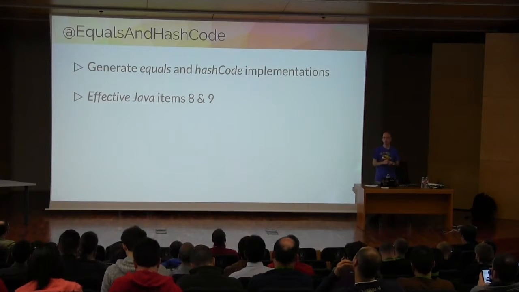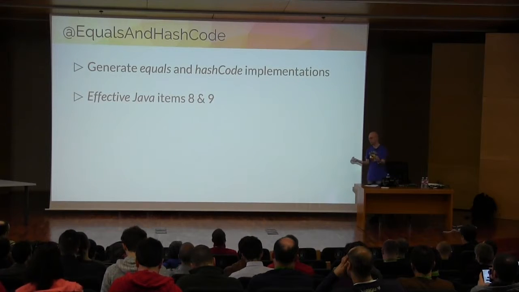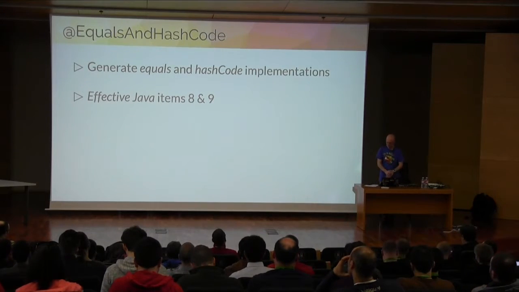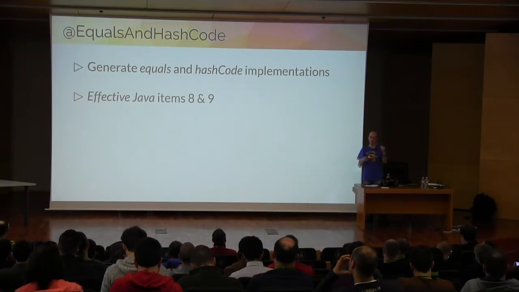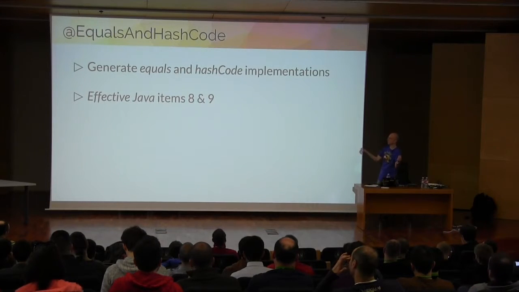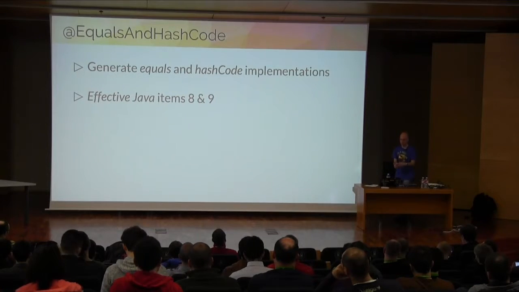And also, once you implement equals, you should implement hashCode, because if you don't do that, your code is not going to behave well. You are going to have some strange behavior. And that's the reason we have this EqualsAndHashCode annotation, and we don't have one for equals and another one for hashCode. You need to implement both methods.